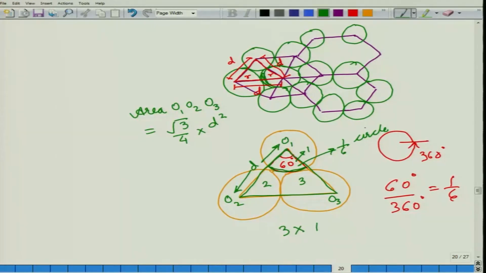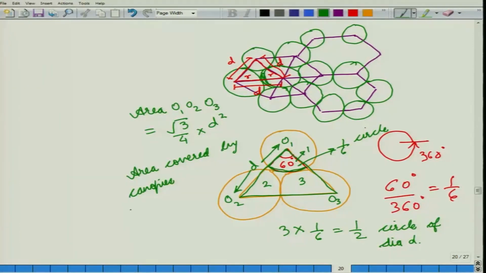So, we have 3 into 1 by 6 circles, or we have half circle here of dia d. Now, the area covered by the canopies is equal to half the area of a circle of dia d. So, it becomes half into pi by 4 into d square.